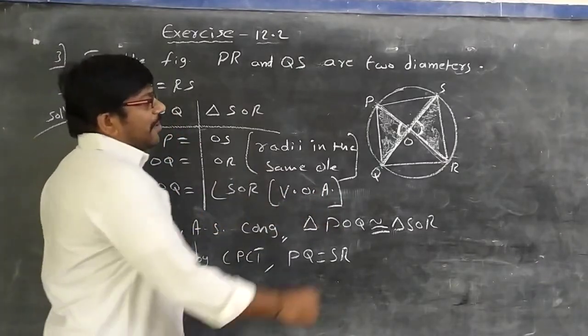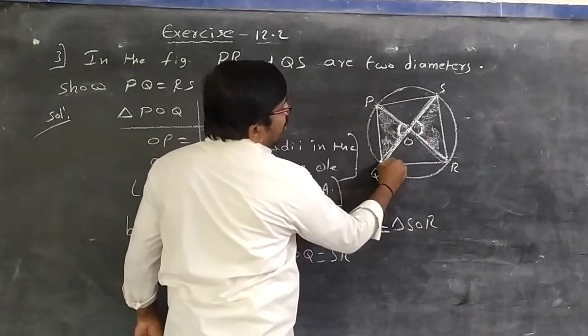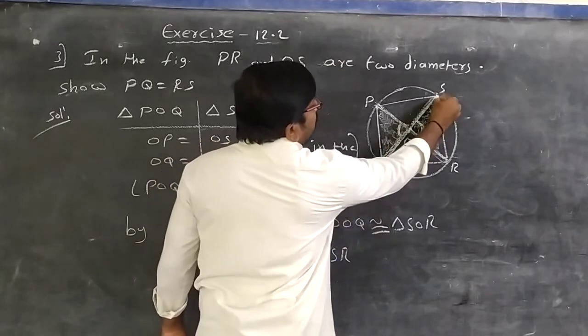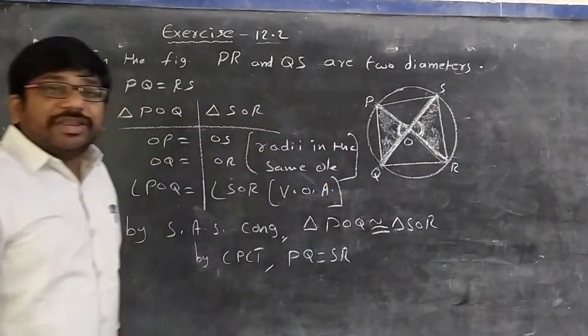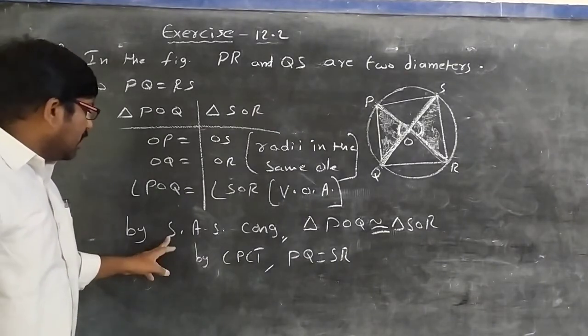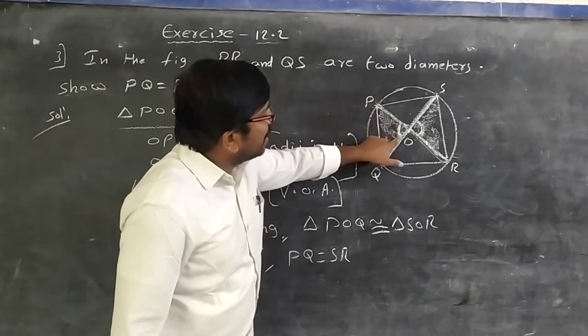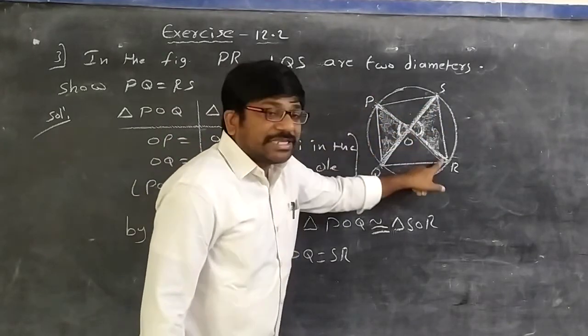So observe carefully, in this triangle, side angle side are respectively equal to side angle side.